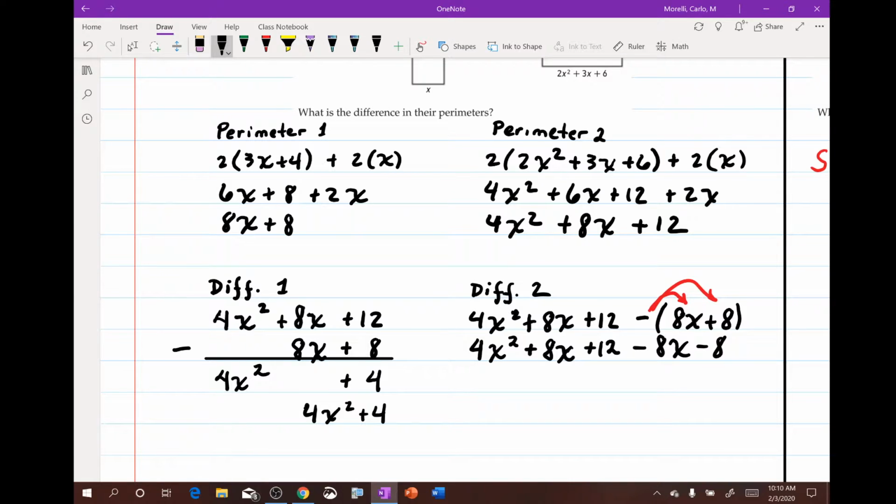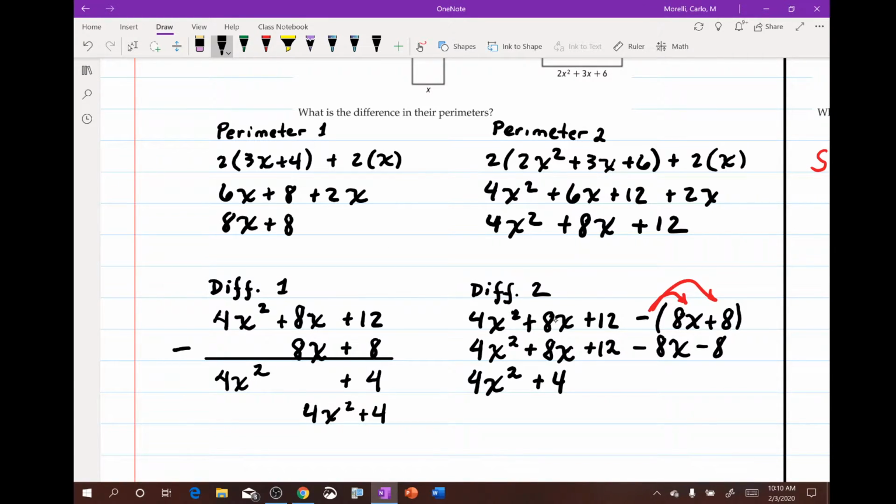And write the answer in descending order of exponents with the number by itself at the end, if there is one. So let's first say, well, 4x squared has nothing to pair up with, so it's just going to hang out. It's a wallflower. 8x minus 8x is 0, so we just drop that. Those cancel out. And then 12 minus 8 is positive 4.